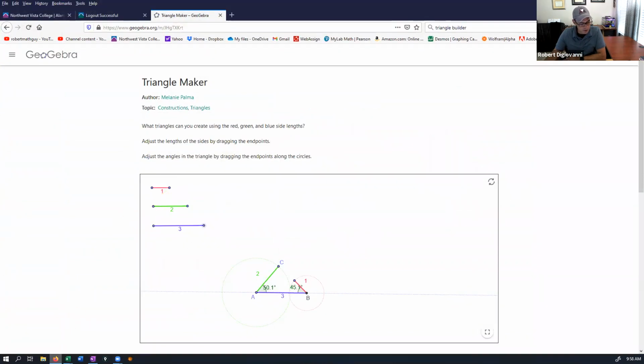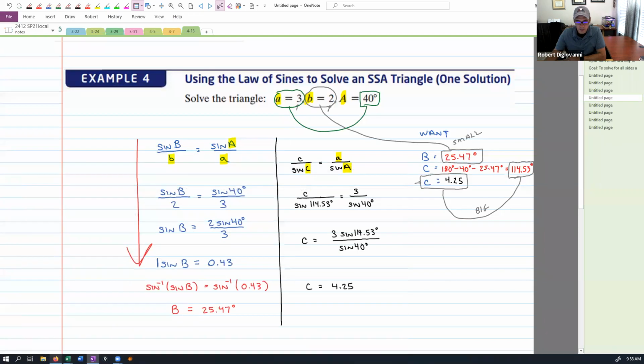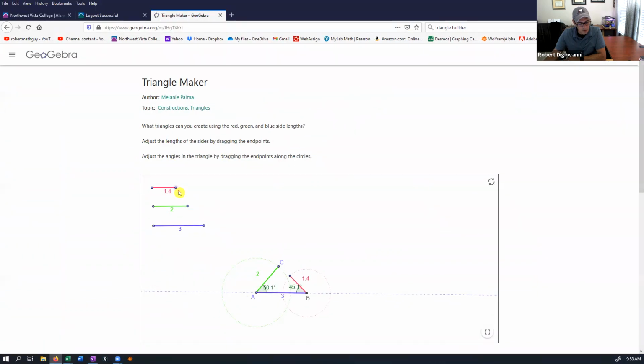Maybe we can do this on here now. It was 2, 3, and 4.25. I'll do it in this order: 2, 3, and 4.25. That's good enough. And then what were the angles? The angle for the smallest one was what?